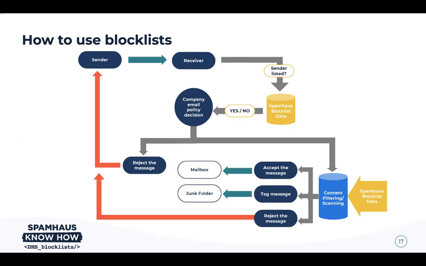Now, if you look more at the connection type of thing, the first thing that I would look at is, whenever an IP connects to you to send mail, in the really early stage, even before they are sending mail, you can look at what the reverse DNS is, and you can do a lookup against our domain data set.